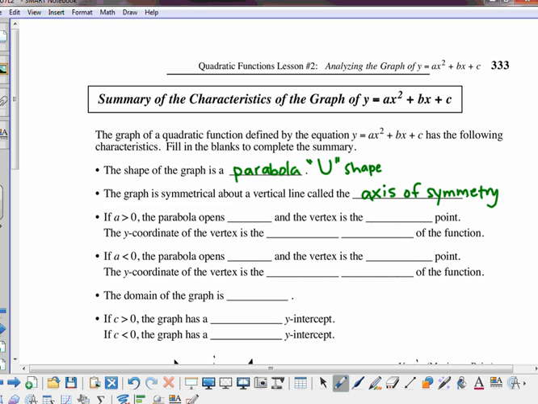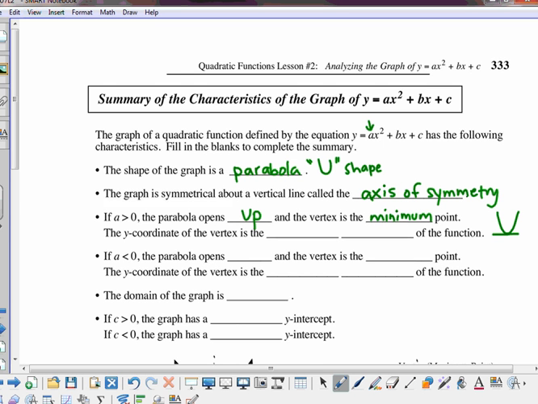Okay, if a is greater than 0, so a was this number here in front of the x squared, it opens up. Remember, greater than 0 means positive. And the vertex then, if it opens up, it's going to be a max or a min? A min value.